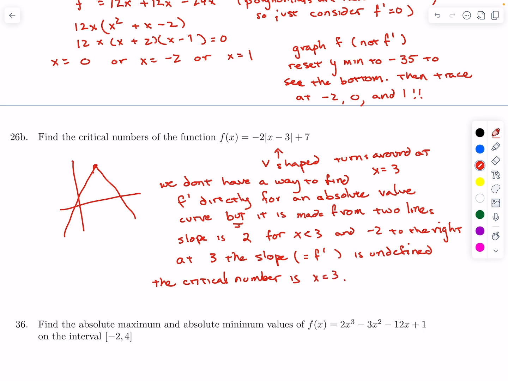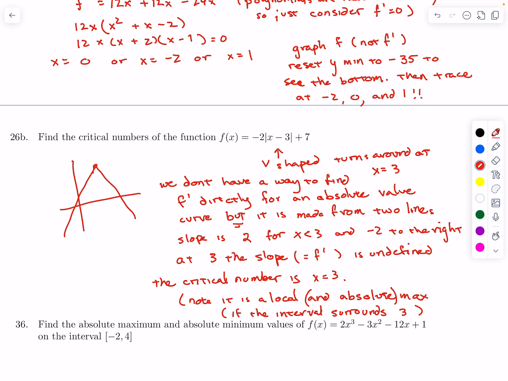Okay, and notice that so it won't be an absolute max.